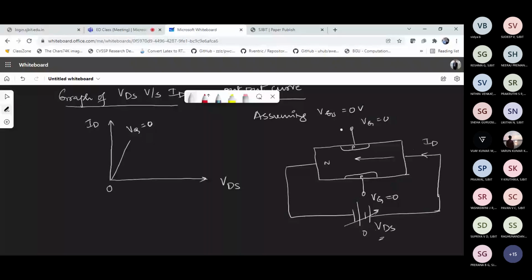Supposedly, if I increase the VG value here to 1 volt, what would you expect? Minus 1 volt, I should say, minus 1 volt on both the sides.